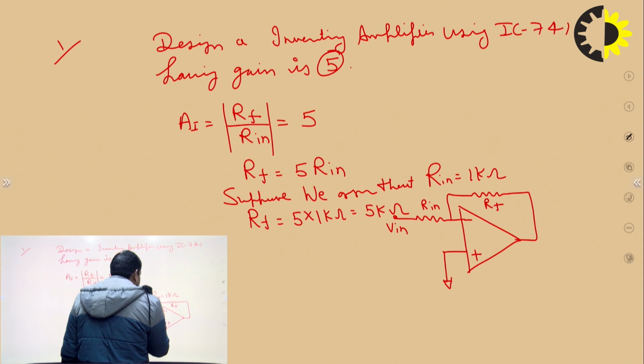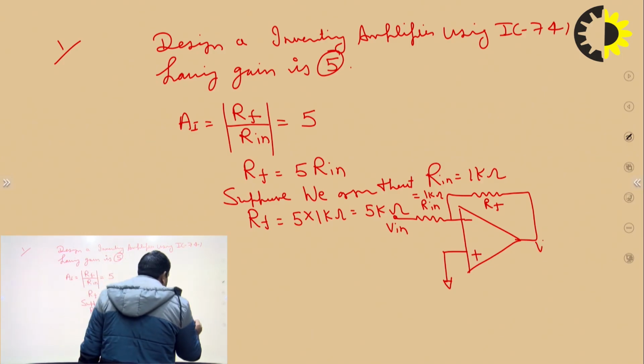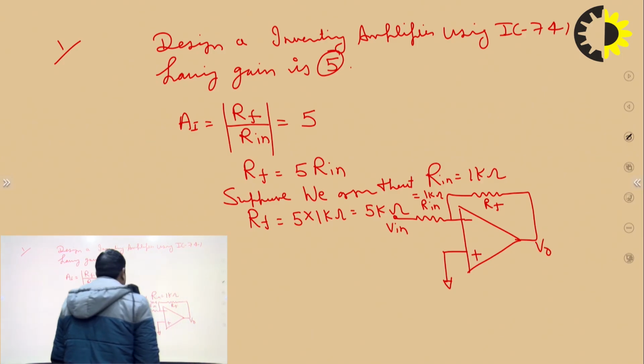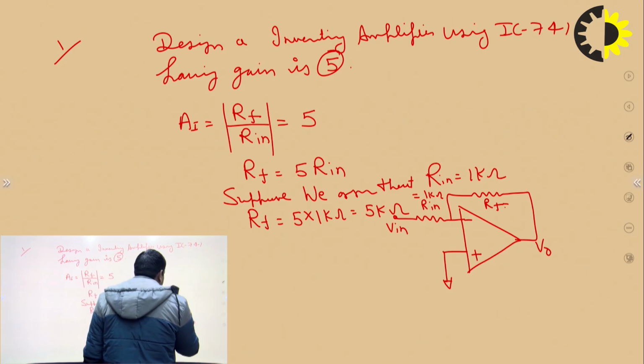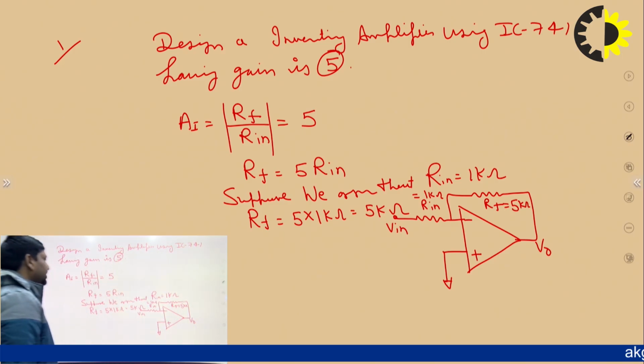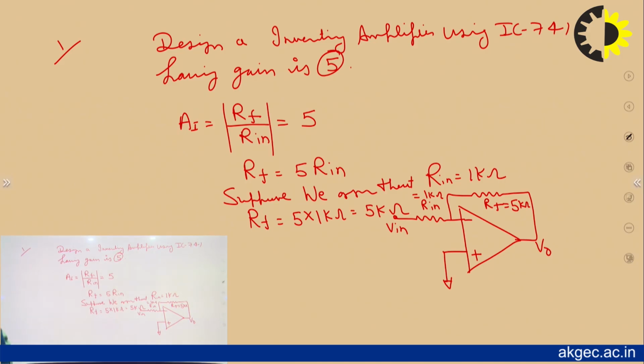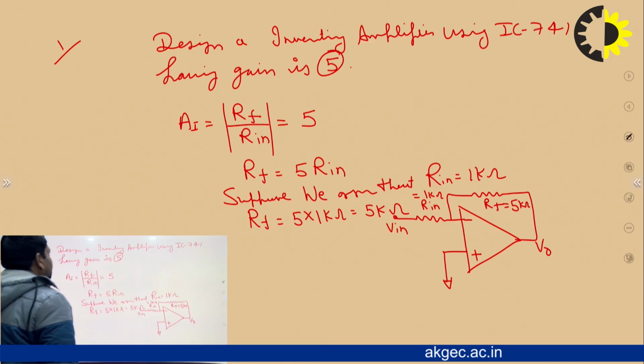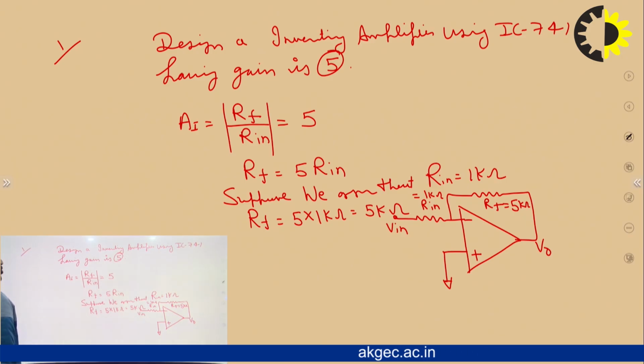Because if we assume that R in is 1 kilo ohm and we want the gain of that amplifier to be 5, then the RF value is 5 kilo ohm. So we easily design the feedback resistance value and the input resistance value if we use an op-amp working as an inverting amplifier.